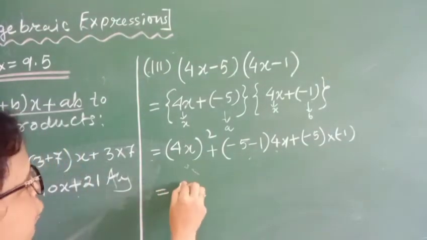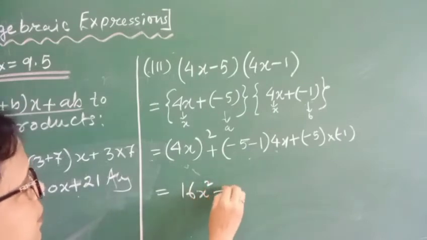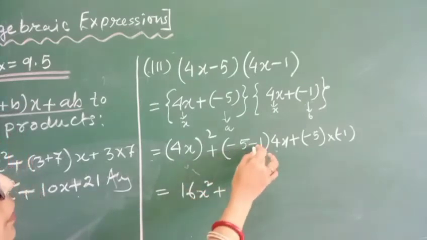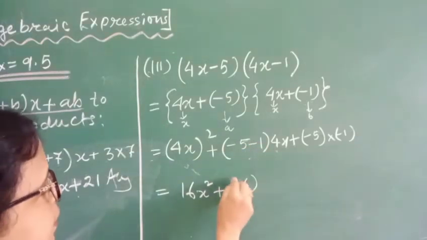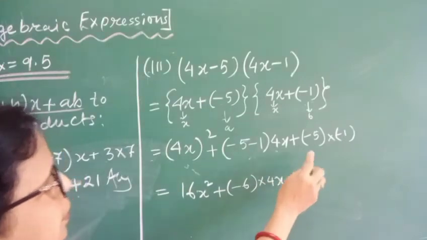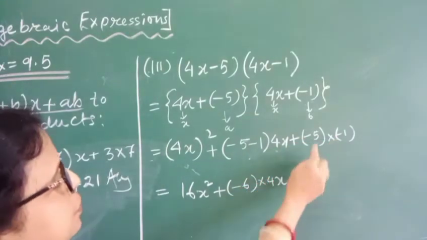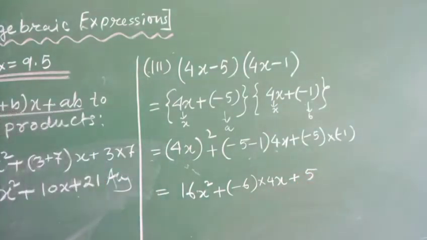Now 4x square, 4 4s are 16, x square plus minus 5 and minus 1, that will be minus 6 into 4x, plus minus 5 into minus 1, minus into minus is plus, 5 into 1, 5.